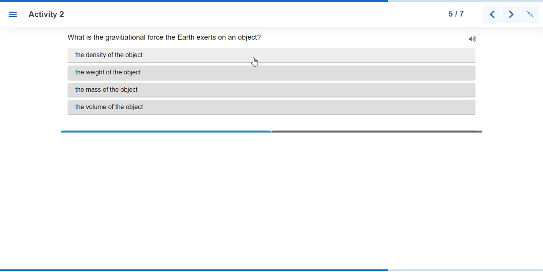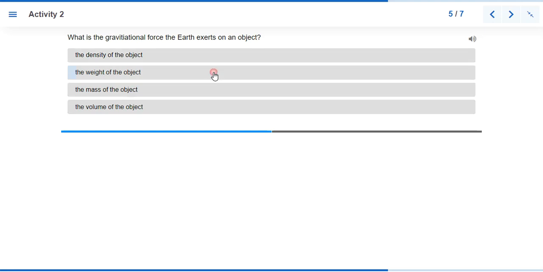The volume of an object has to do with its length, breadth, and height. While the weight of an object will always be acted upon by forces, so far as the object is positioned on the Earth. So the gravitational force the Earth exerts on an object is also the weight of the object.